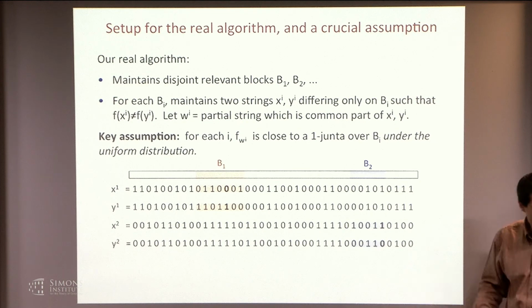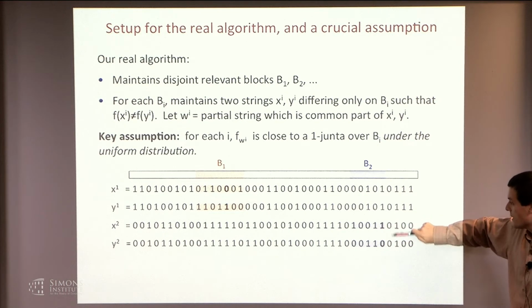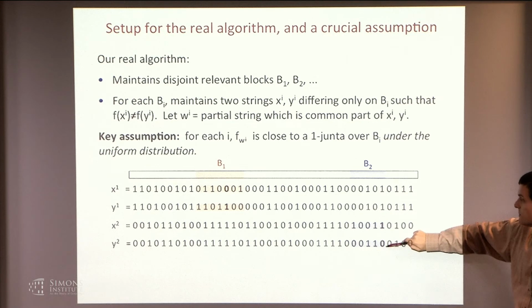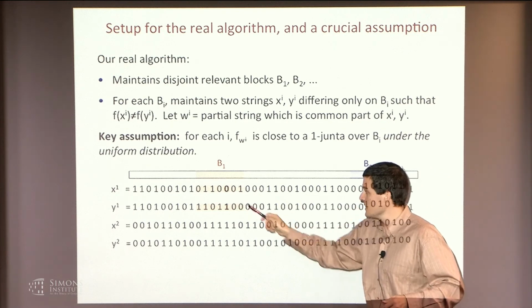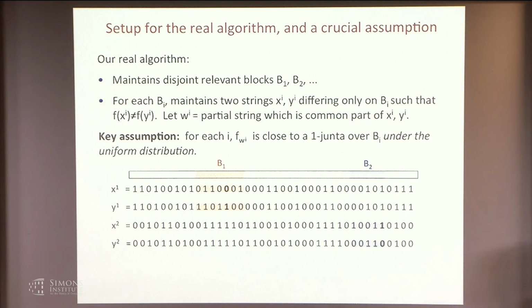So the picture is supposed to capture this: within this block I have one bold-faced variable, because fixing all the other variables according to x2 and y2, it's a one junta on this bold bit. This is what we want to assume that we've got so far.